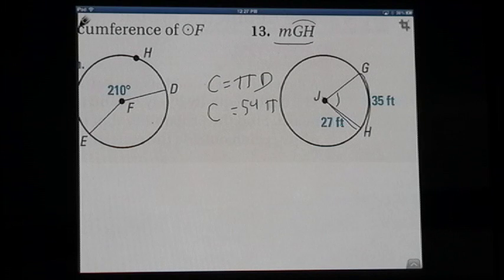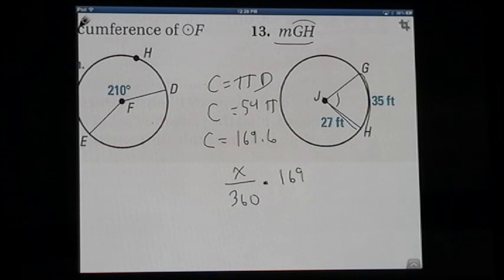And we can multiply out 54 pi, and we get 169.6. Okay, now we know that some number of degrees, x, out of 360 times the whole circumference, which is 169.6, is going to give us 35 feet.